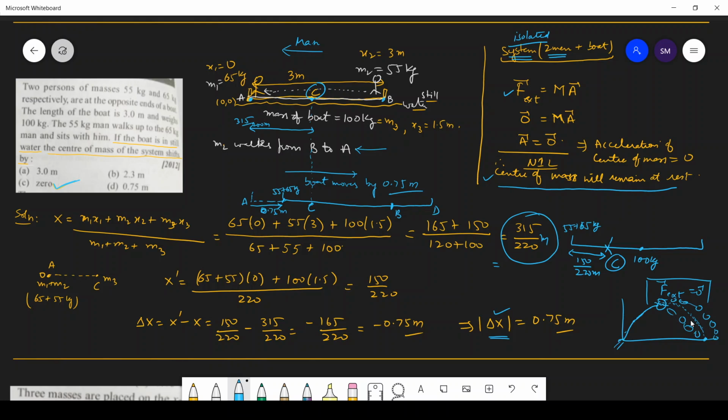In the case of the projectile also, there were two parts and they were moving. Here also the boat will move, but the center of mass will remain the same as watched by a person standing outside. I am standing outside, not on the boat, so the center of mass will remain at the same position from me.